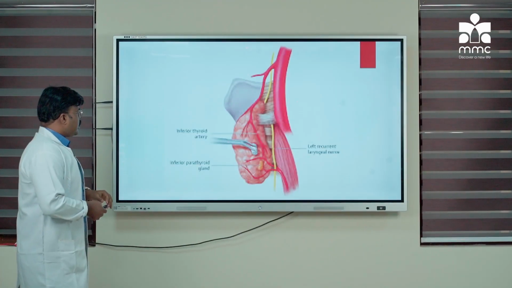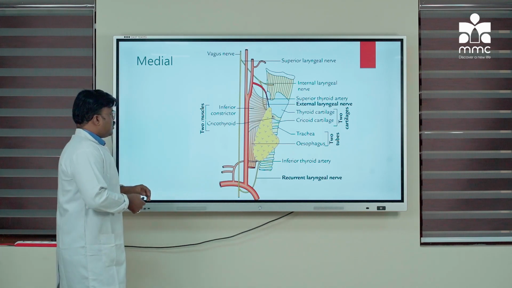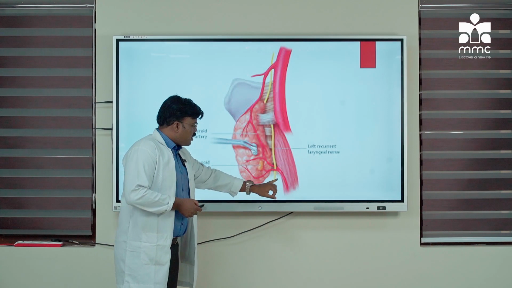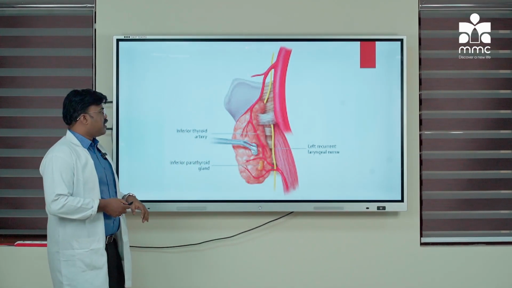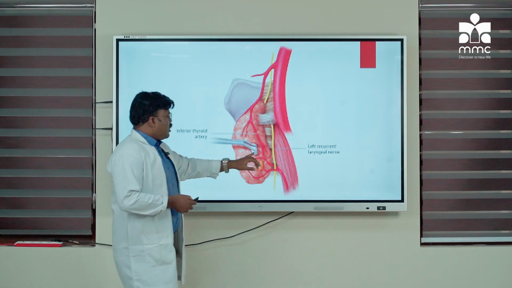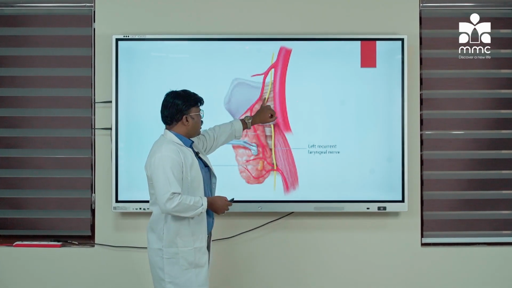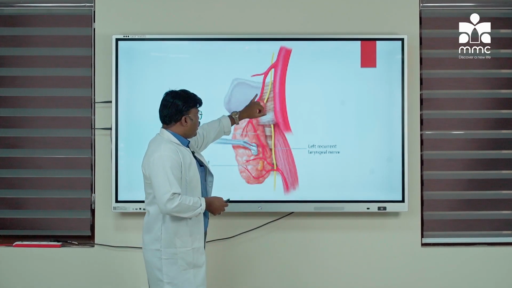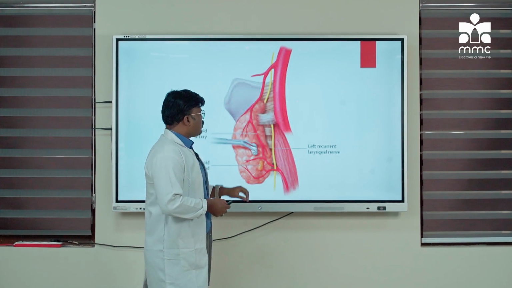And the base is related to the inferior thyroid artery, and you'll get the nerve that we call the recurrent laryngeal nerve. Near the apex, the artery and the nerve diverge near the gland. So, ligature of the artery will be done closer to the gland.